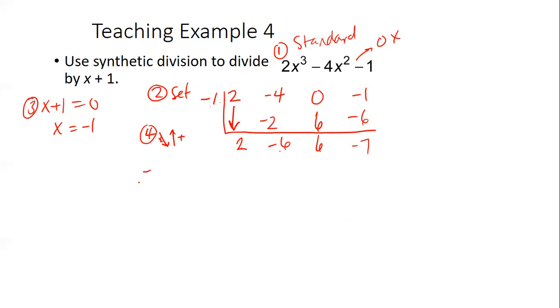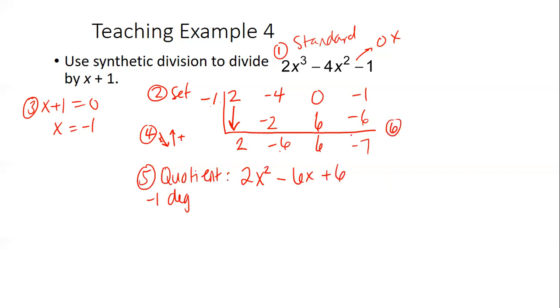So step 5 is to write your quotient. And your quotient is always going to be 1 degree less. So we started off as a 3rd degree, so our quotient is going to be a 2nd degree. So it starts off as 2x squared minus 6x plus 6.